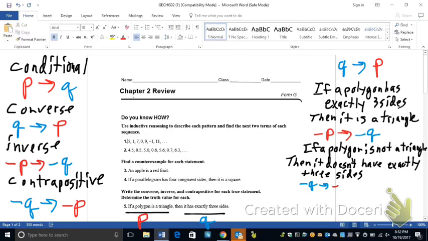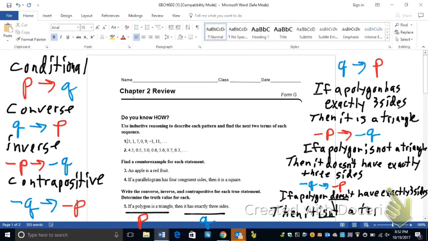So finally we have our contrapositive. If not Q, then not P. So instead of saying the converse, which was if a polygon has exactly 3 sides, then it is a triangle, we say if a polygon does not have exactly 3 sides, then it isn't a triangle. Now again, when we look at the truth value here, it's important to remember that something is either 100% true or it's false.